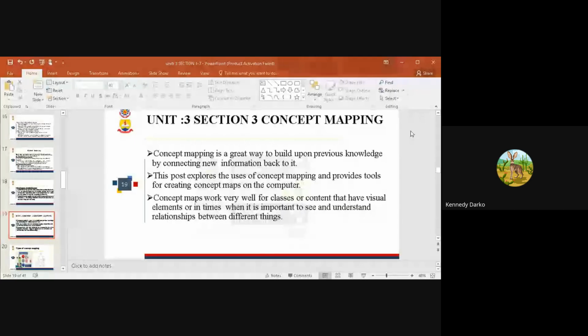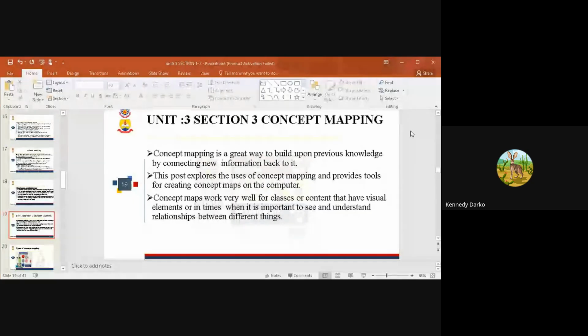So you build the map. Okay, if this one is like that, then let me try this one. What did we do last time? So you are trying to relate the concepts in the form of a map. This post explores the uses of concept mapping and provides tools for creating concept maps on the computer.